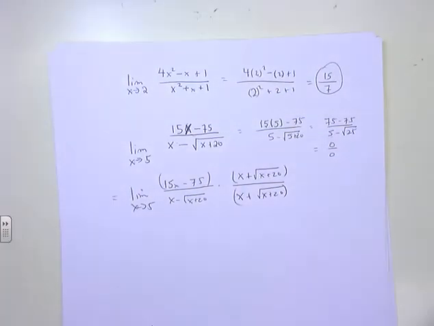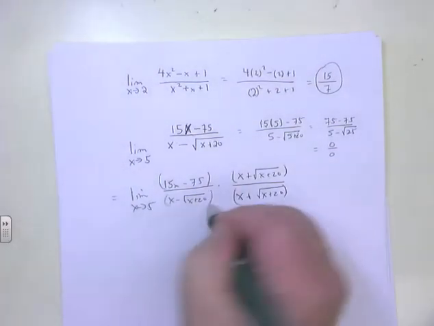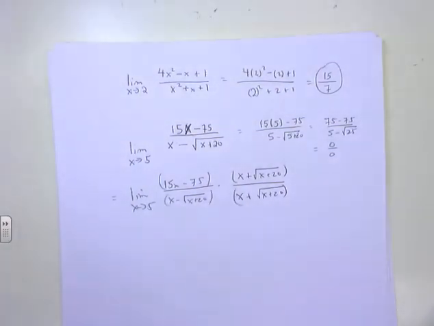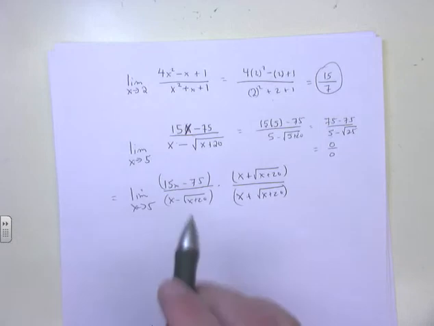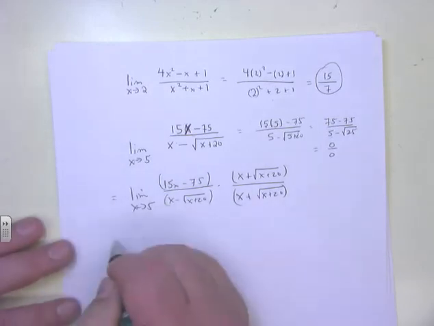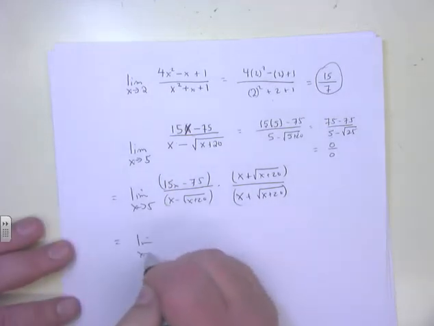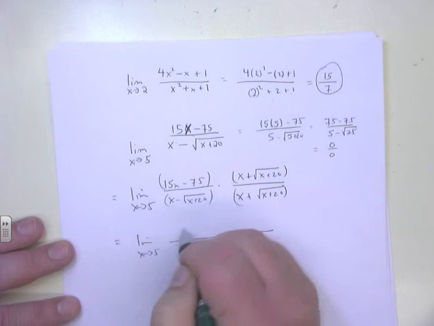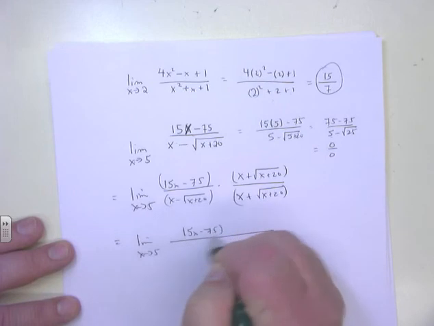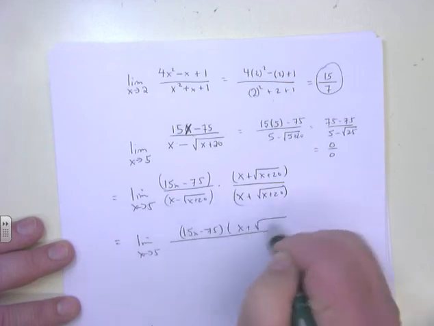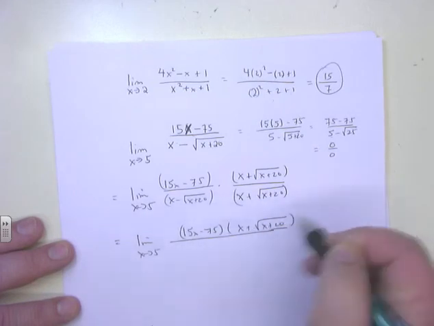And when you pull this stuff out, you pull out conjugate pair stuff, and you leave in factored form non-conjugate pair stuff. So this equals the limit as x approaches 5 of 15x minus 75 times x plus the square root of x plus 20, right?